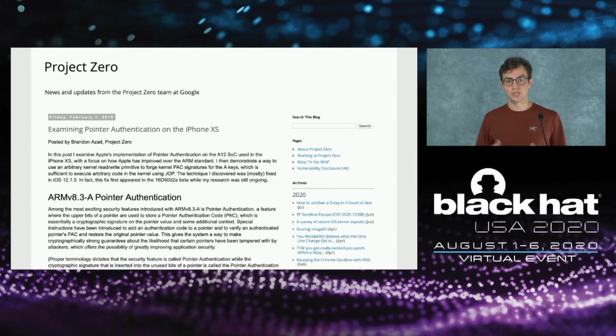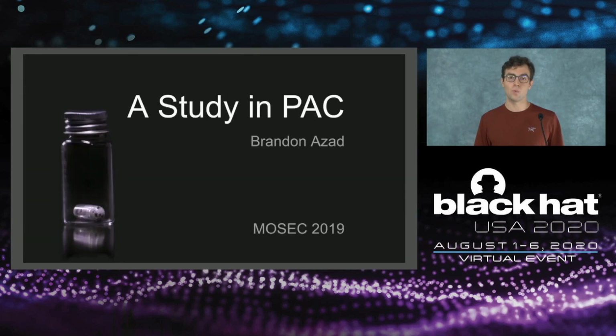So I put pointer authentication under the microscope and eventually ended up finding 5 different ways to bypass pointer authentication in iOS 12, which I then presented in a study in PAC. At the time, once I had found this 5th bypass in my original work in 2019, I decided that it was indicative of systematic problems with the original design of pointer authentication.